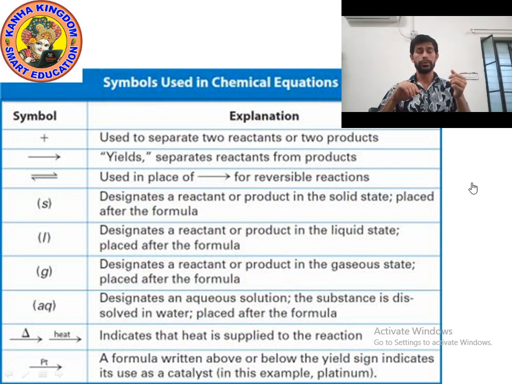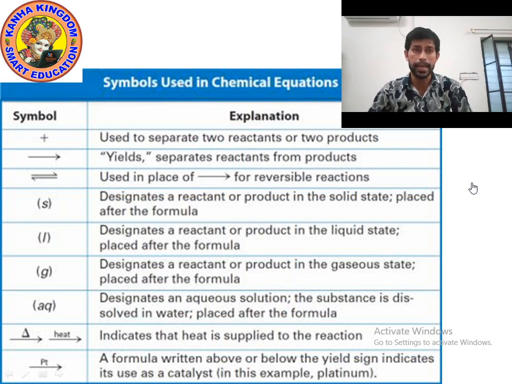But the arrow with half arrowheads on both sides shows a reversible reaction. Yes, this arrow is used between reactants and products for a reversible reaction. We will discuss reversible and irreversible reactions in detail.